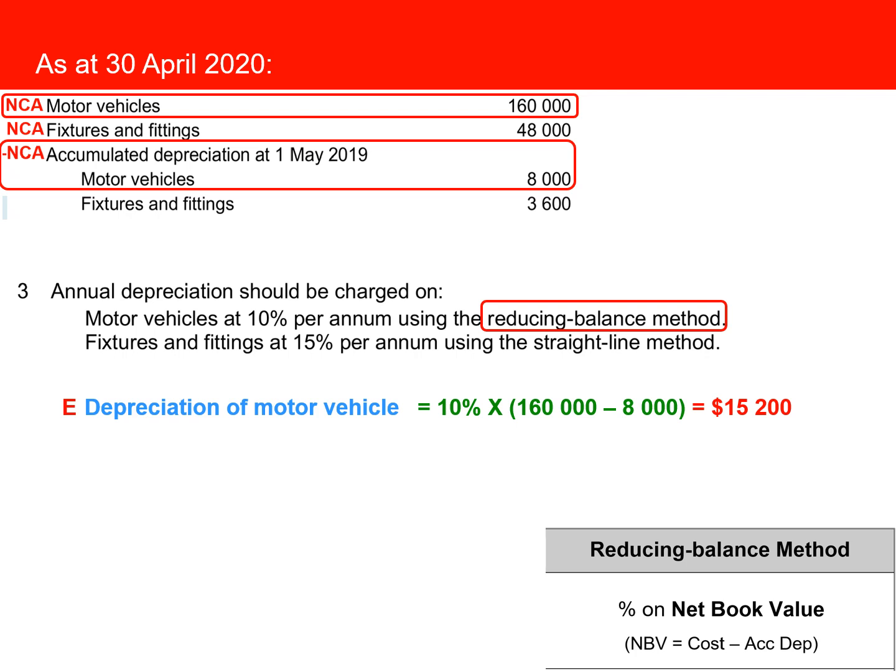Okay. So do not confuse depreciation and accumulated depreciation. They are not the same. Depreciation is only the expense for the current year. Accumulated, as the word suggests, includes past years' depreciation.